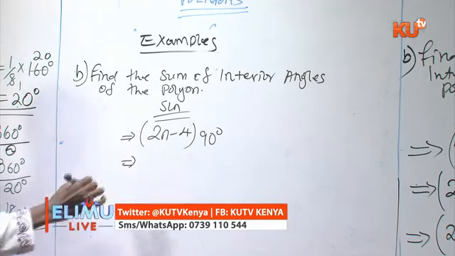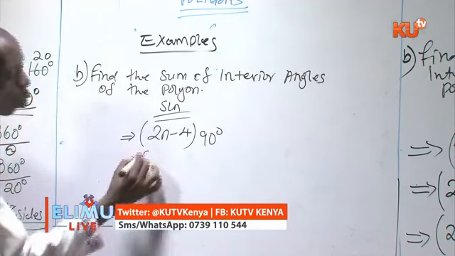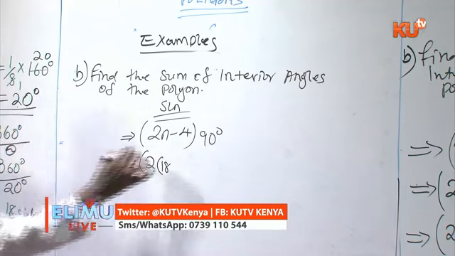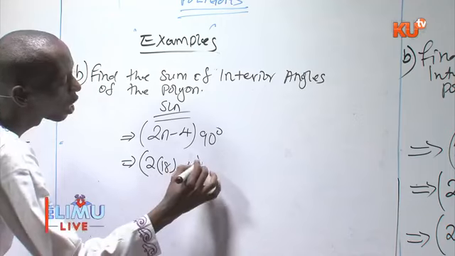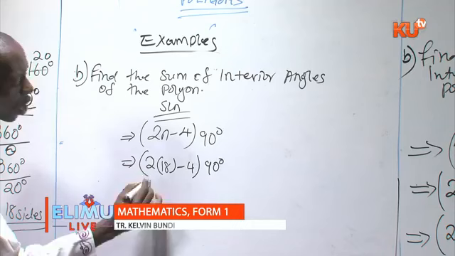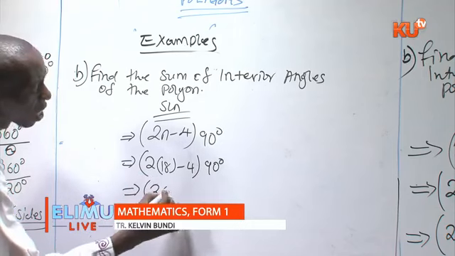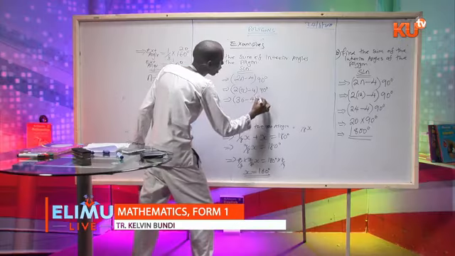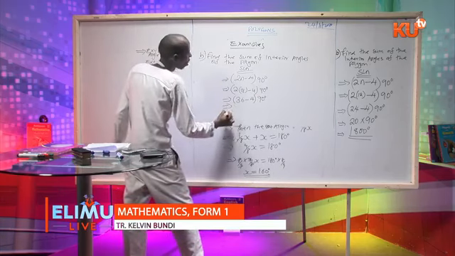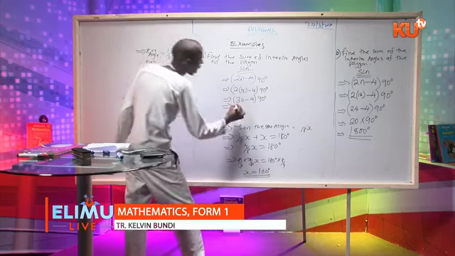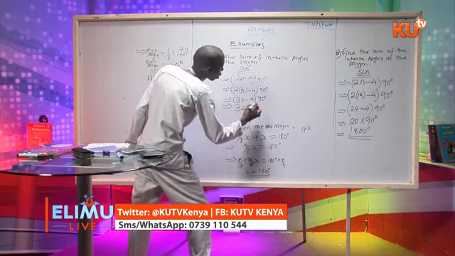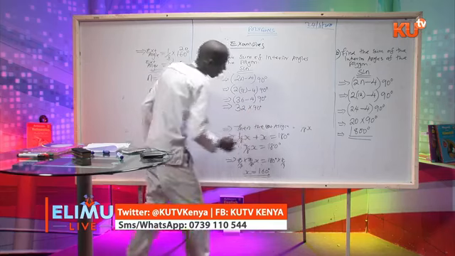Therefore, the sum of the interior angles of this polygon will be 2 multiplied by 18, which is our n, minus 4, everything multiplied by 90 degrees. 2 multiplied by 18 is 36, minus 4 is 32, so 32 multiplied by 90 degrees.